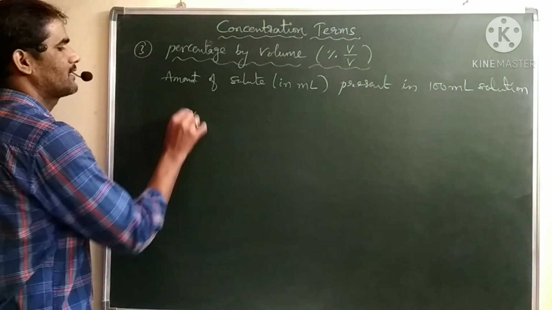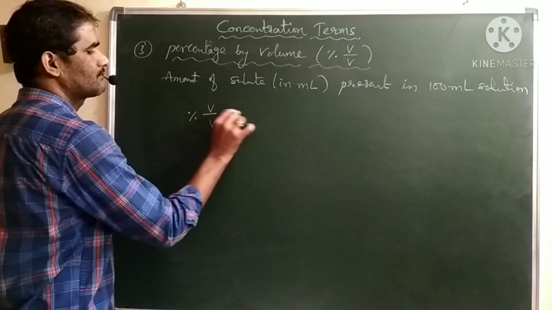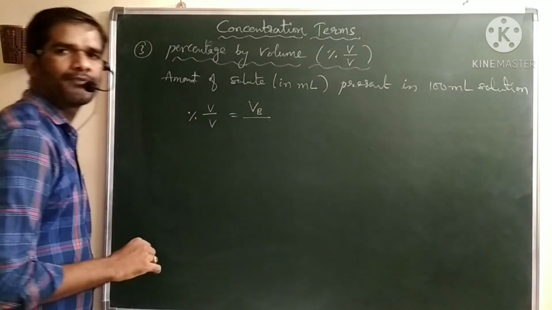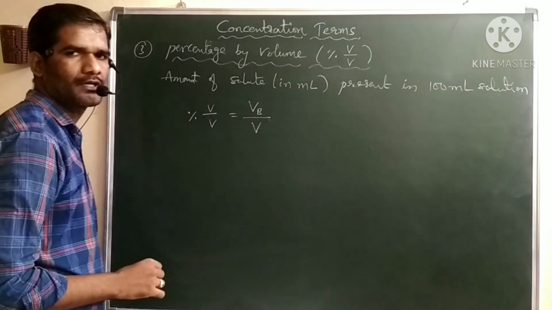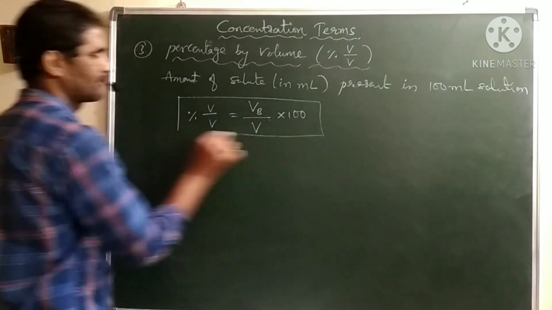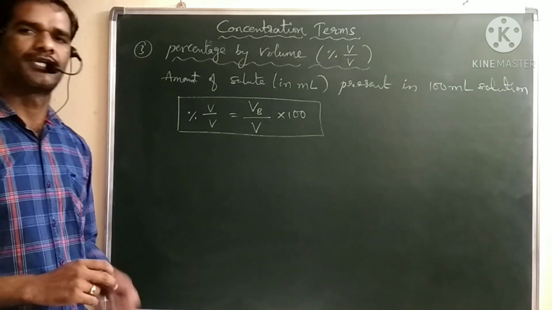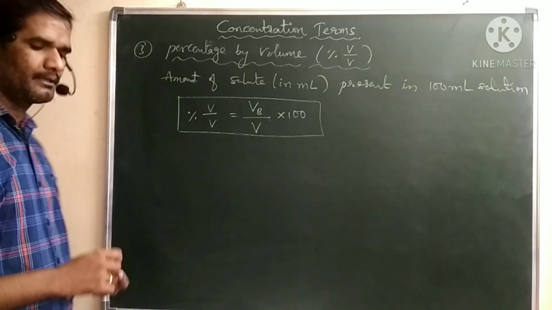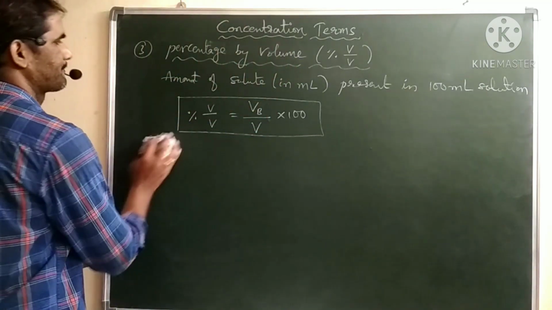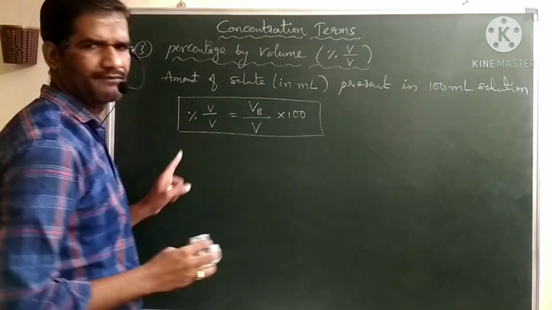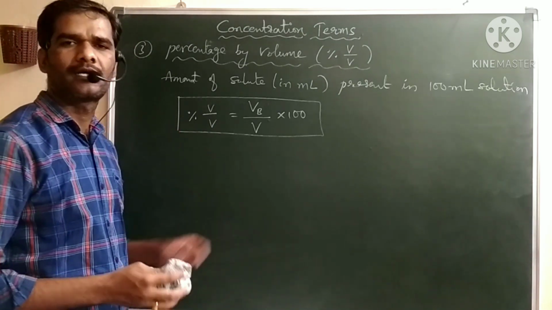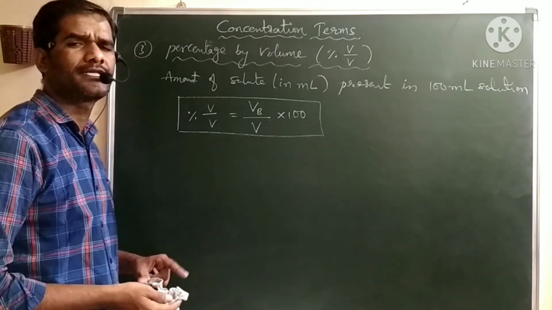Again the same formula we can derive: volume by volume is volume of solute, solute means B, over volume of solution V, for 100 ml. So this is a formula for volume by volume percentage. Let me take one more numerical here related to this one. Again the same representation, if they use 4% volume by volume means 4 volumes of solute in 100 volumes of solution. Same like percentage by mass.